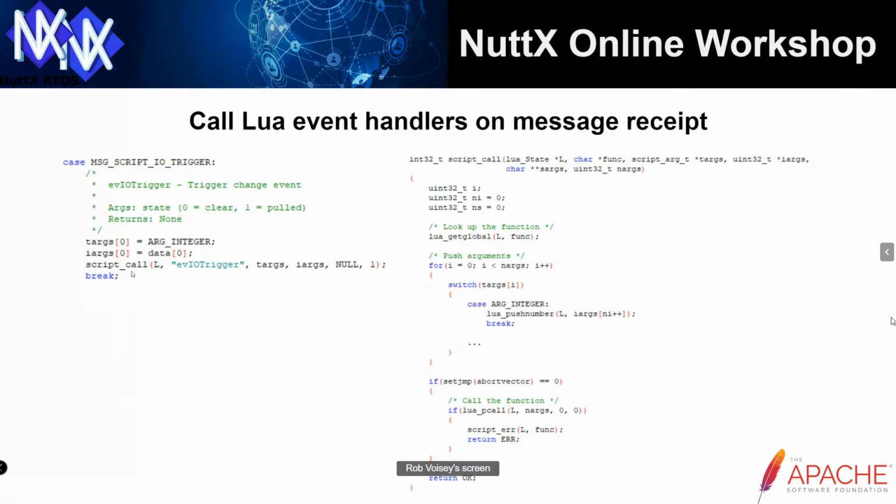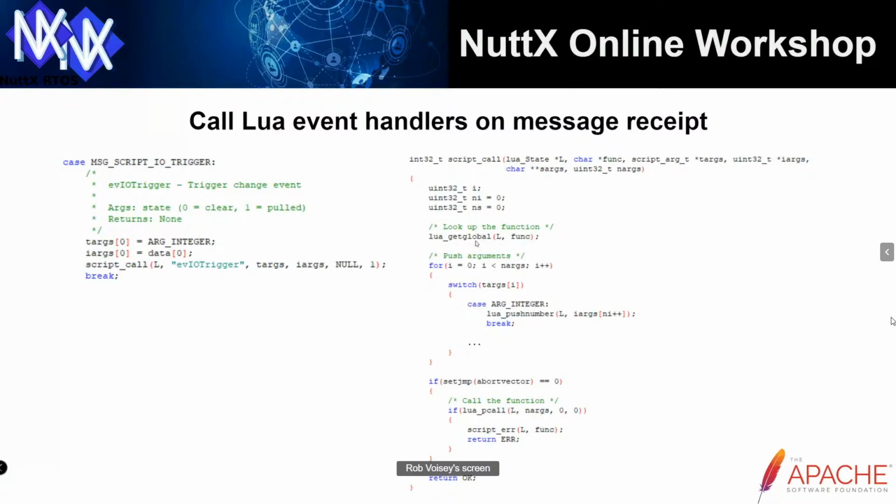And that calls into a C function of our own creation over here, script call. It's just a general purpose way of calling functions within the Lua script. So it passes the name of the function to call and the details of any arguments.